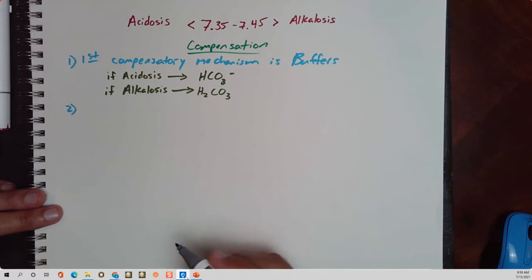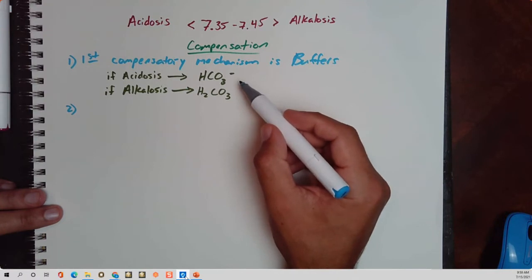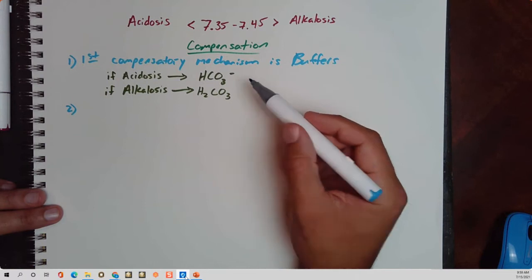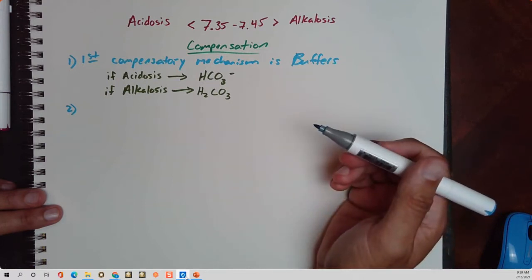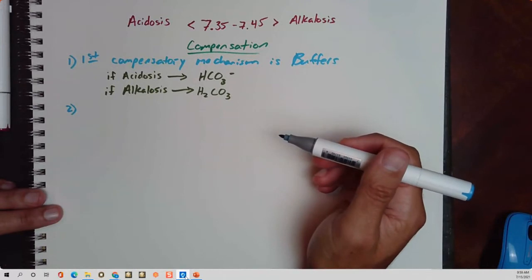And the reason why is because exercise and using your muscle produces lots of acid, and your bicarb system wasn't enough to fix the problem in and of itself. So the second compensatory mechanism, it's not like you're going to start breathing hard just because you stood up from your chair.